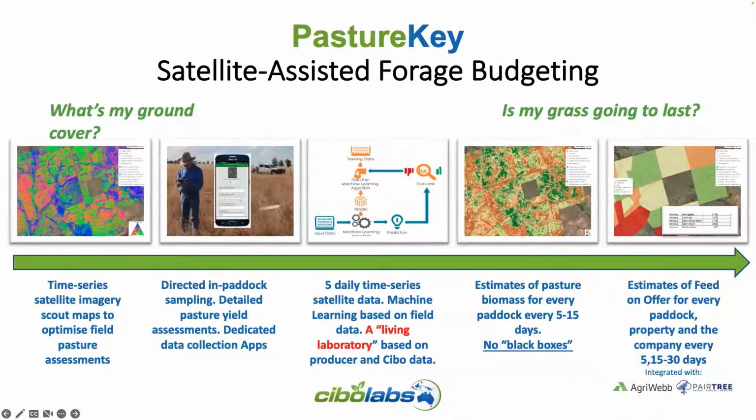What that basically means is that we can offer producers the capacity to make some real-time decisions about how long their pasture will actually start to last, and make some decisions around fodder budgeting or other types of planning decisions.